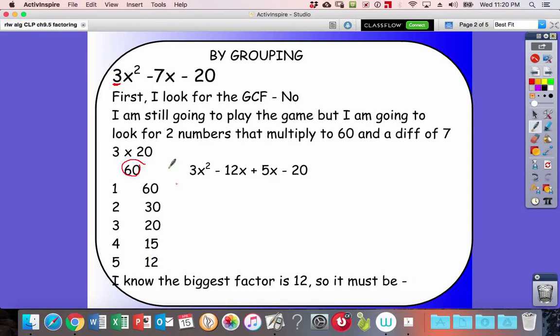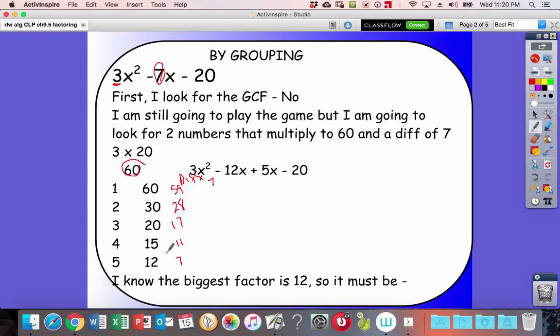I stopped there because it's a negative, so I'm looking for a difference of 7. The differences here are 59, 28, 17, 11, and look, the difference is 7.